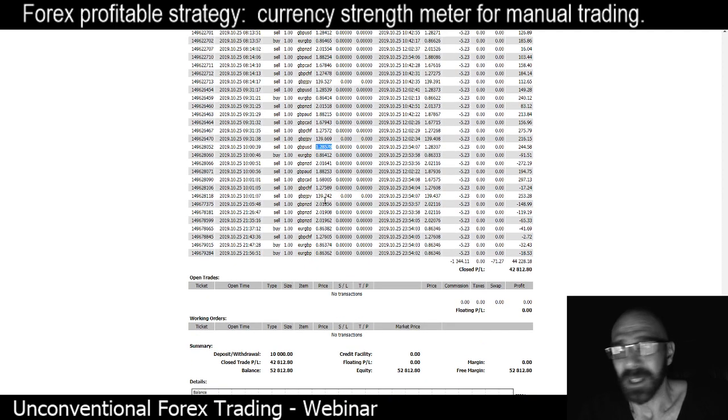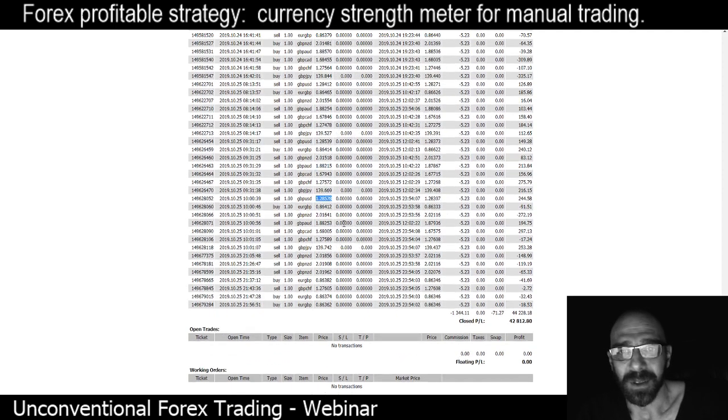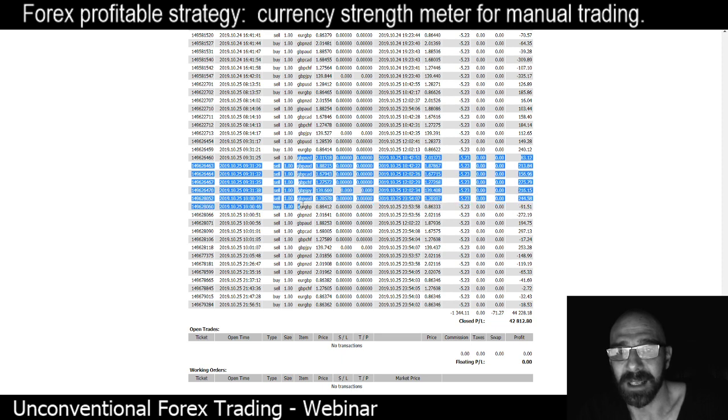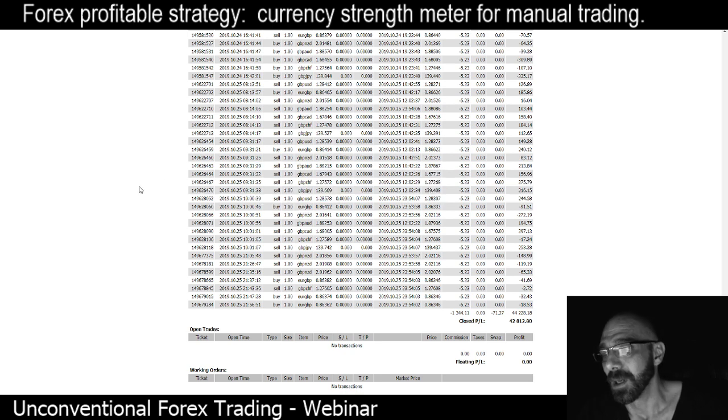So despite also some negative results, we can see that on around this time between 9:30 and 10, as you may notice, I traded the GBP against all the currencies. So I created a kind of diversification of my portfolio based on the GBP that was weak.